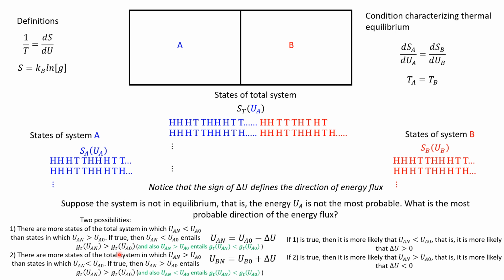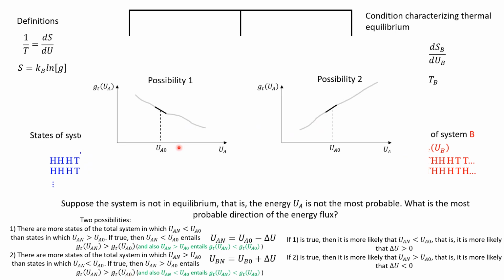On the other hand, if the second possibility is true, then this condition, new energy higher than the initial energy, entails that the multiplicity evaluated at the new energy will be larger than the multiplicity evaluated at the initial energy.